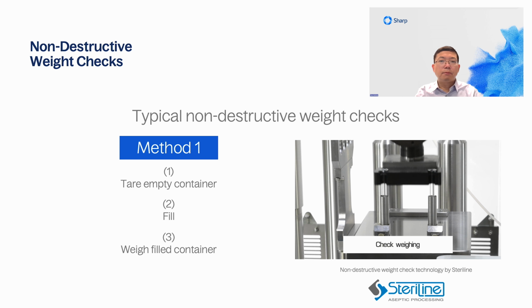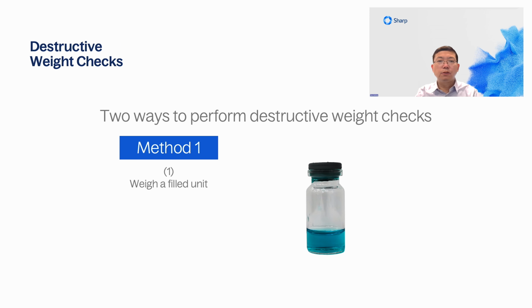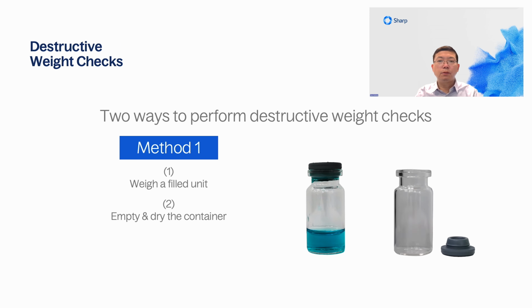There are two common methods for performing destructive weight checks. The first is removing a filled unit, taking the weight of it and dumping the solution, wiping it dry, and taking a second weight measurement of the empty container and components. The difference between the two weights is the weight check.